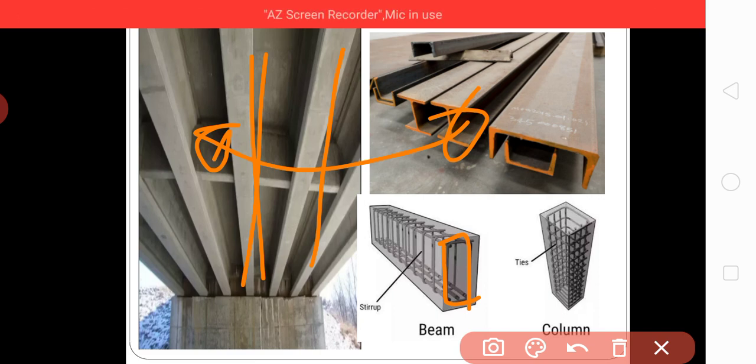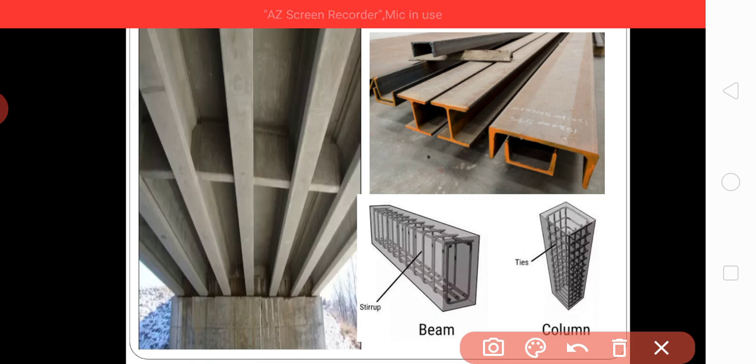But these days these beams are manufactured at a special site, and from there they are transported to the site of construction, where they are able to maintain the atmospheric conditions which are most suitable for the manufacture of these beams.